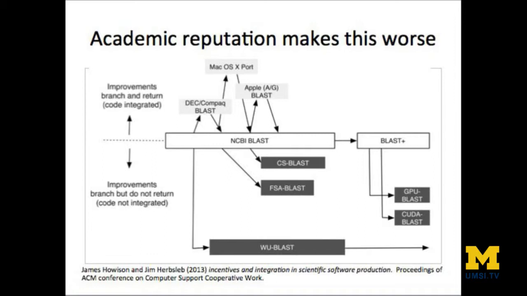The ones down here that forked and didn't return were all motivated by academic reputation. These people published papers, and they did not want to push it back into the core, because that would undermine their ability to have something for reputation. This is all based on interview data.